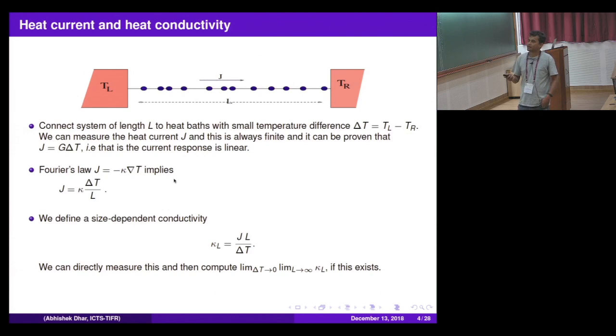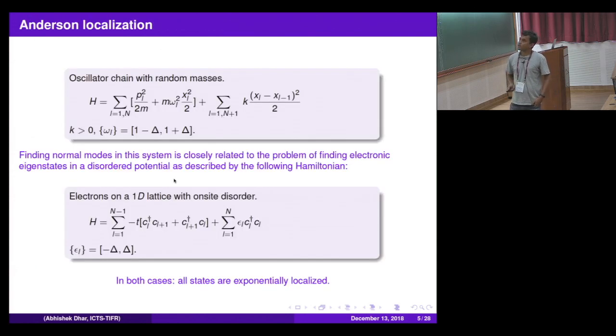For a finite system, you just measure the current, and then you can define a conductivity, which is just the current times the system size divided by the temperature difference. Of course, for small systems, this depends on the system size. But for large systems, if it's conducting, it should saturate to a constant value.